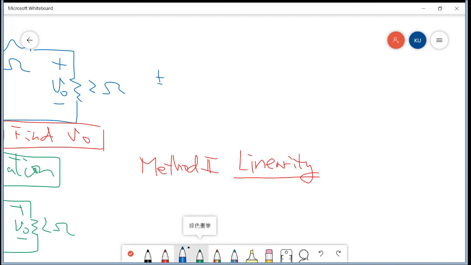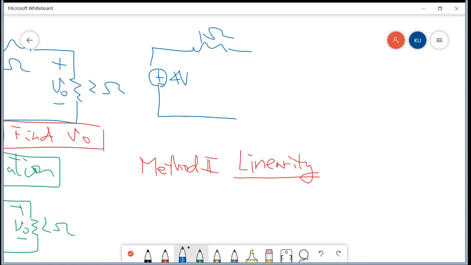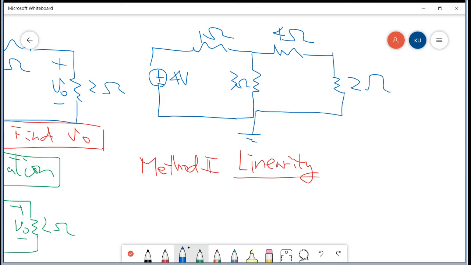So this is 4 volts, 1 ohm, 3 ohm, 4 ohm, 2 ohm, VO, something like this.